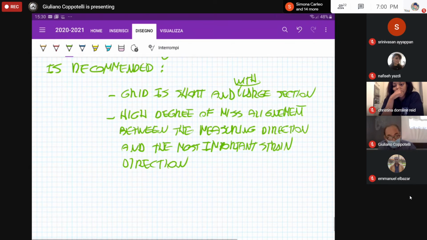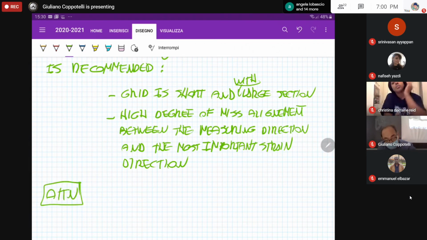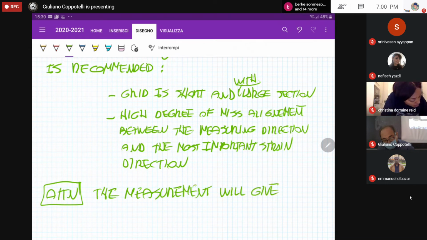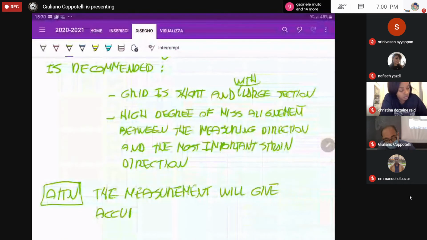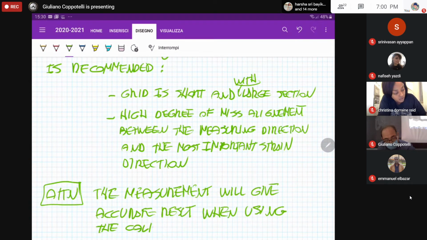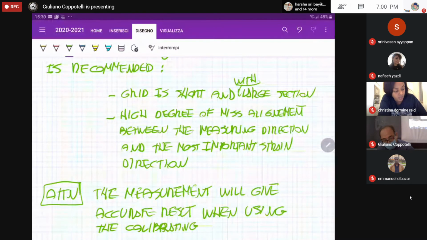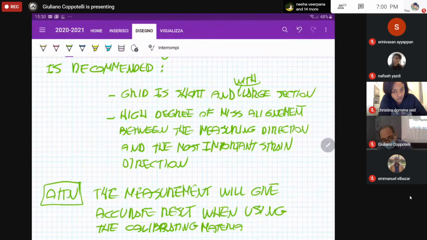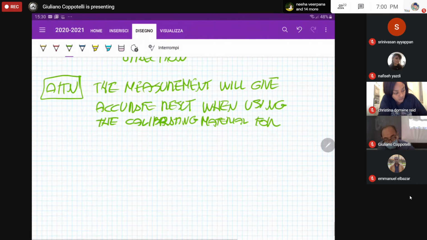So please consider that the measurement will give accurate results when using the calibrating material for the test specimen.